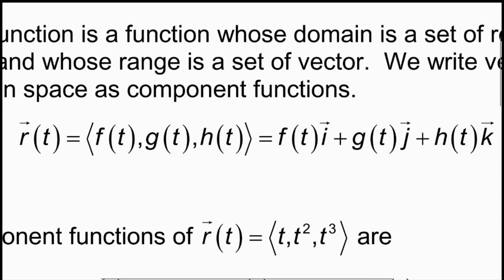And where this really becomes very useful is if you think of, for instance, motion problems. So if I'm thinking about motion in space, if I can isolate things to just one particular direction, then it makes it a lot easier to work with.